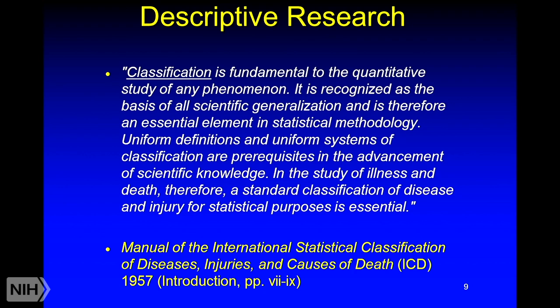Uniform definitions and uniform systems of classification are prerequisites in the advancement of scientific knowledge. In the study of illness and death, therefore, a standard classification of disease and injury for statistical purposes is essential. So what's interesting now is that we have these various forms of injury and causes of death. In fact, it was just implemented a couple of weeks ago, the ICD-10, the 10th version of this thing that came out in 1957.